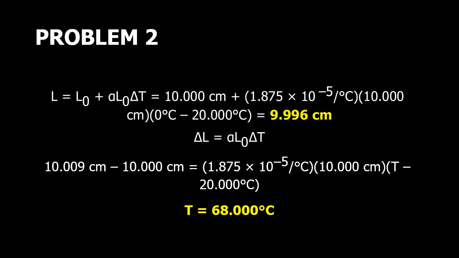For the next problem, we are asked to find the final length at the freezing point of water. So we have L equals L0 plus alpha L0 delta T. The initial length is 10 centimeters, plus alpha, 1.875 times 10 raised to negative 5 per degree Celsius, times L0, which is just 10 centimeters, times the change in temperature.